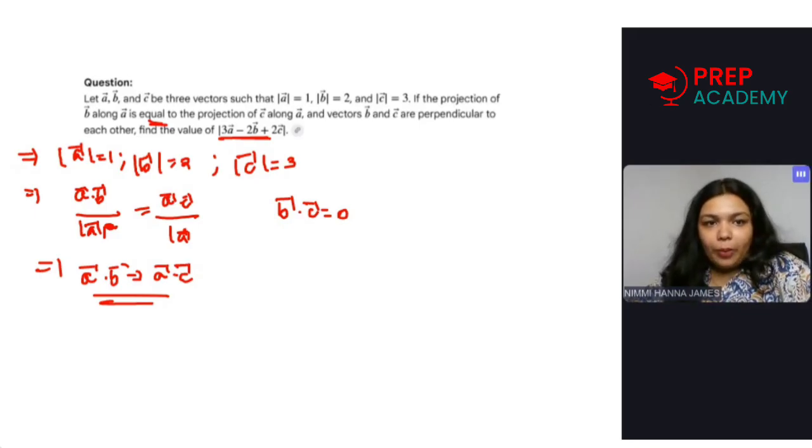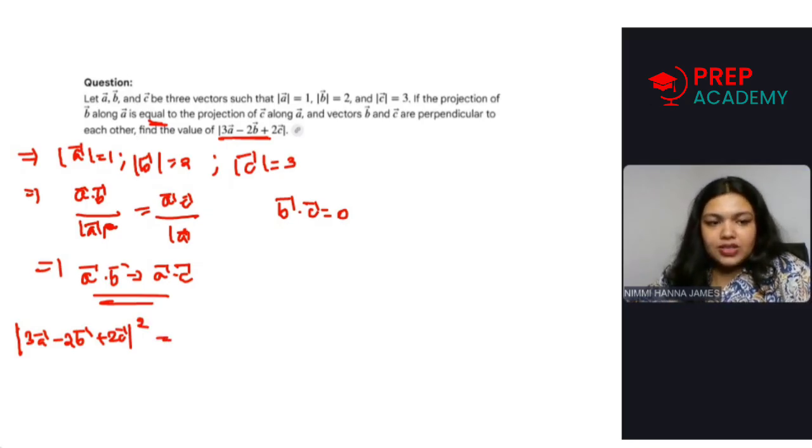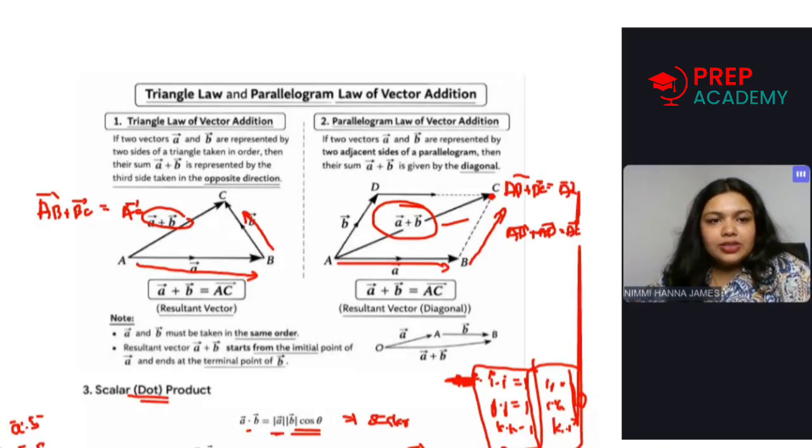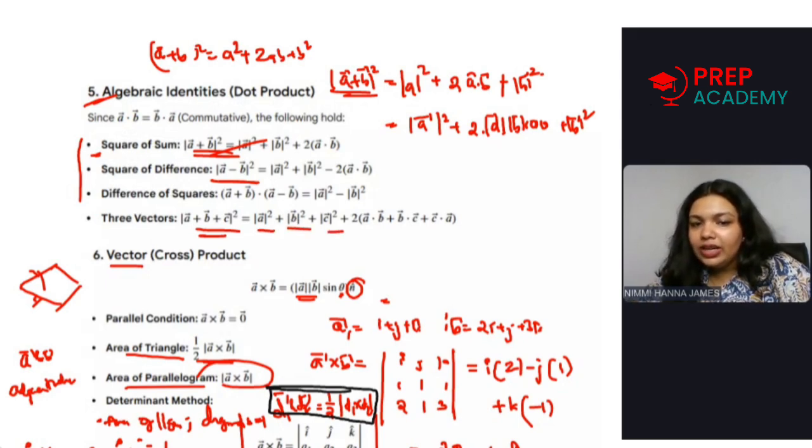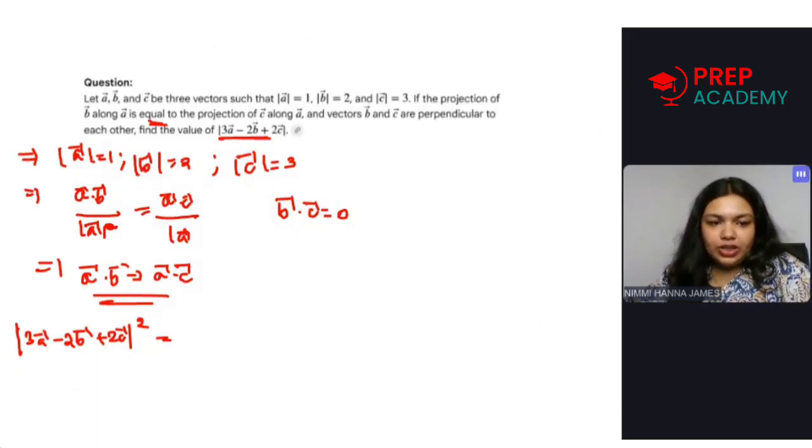Now we are opening this modulus of 3A vector minus 2B vector plus 2C. So I'm just squaring, finding the square of this expression, just as we have done in earlier questions also. For three vectors, the square is modulus of a square plus b square plus c square plus 2 into a dot b plus b dot c plus c dot a. Let's do that.